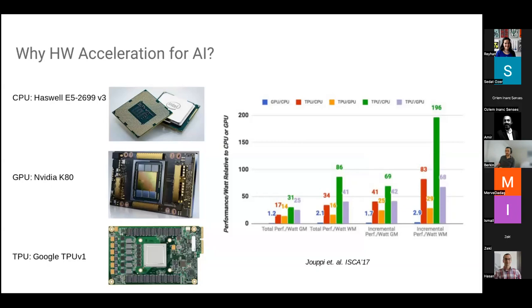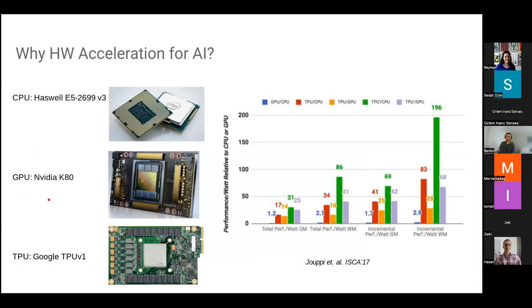I put together some motivational data for that. This is from an ISCA paper. It is comparing CPU, GPU, and the TPU. TPU is the tensor processing unit, a machine learning accelerator. CPU and GPU, I'm sure everyone is familiar with, right?